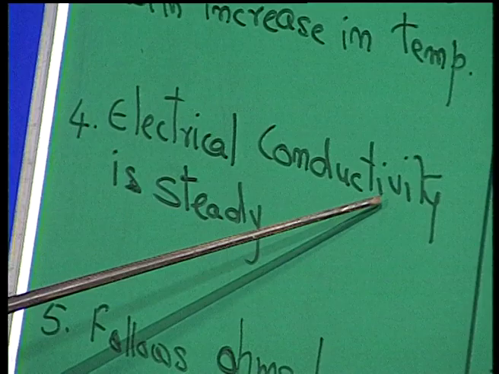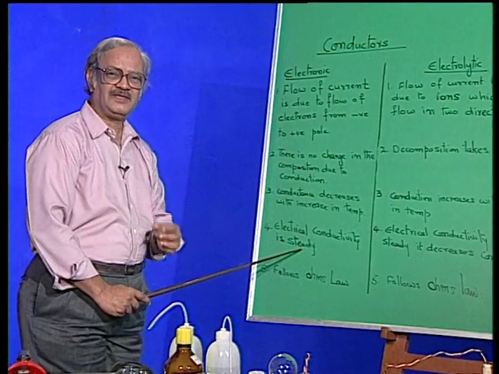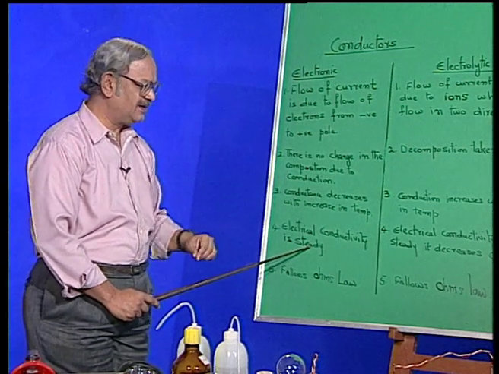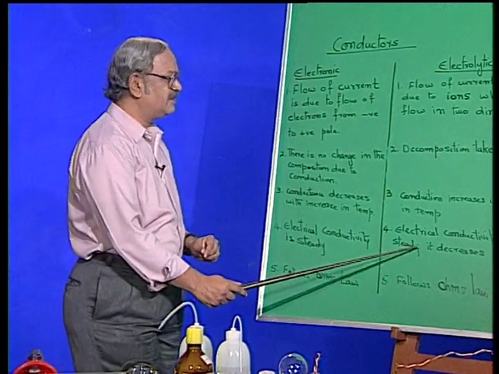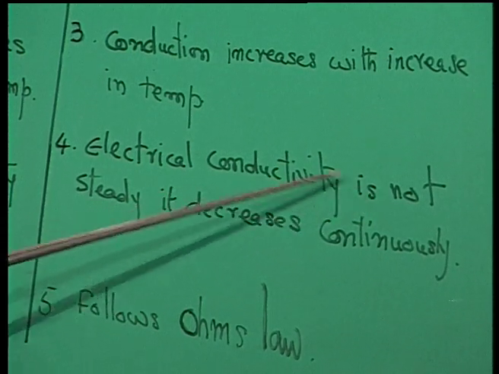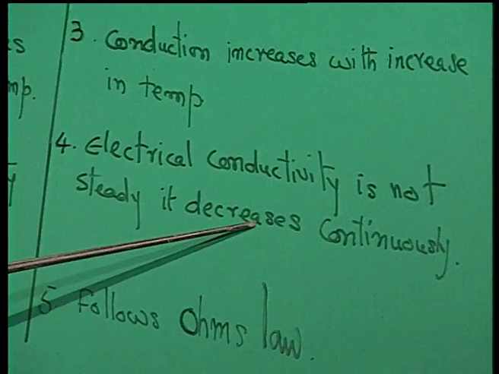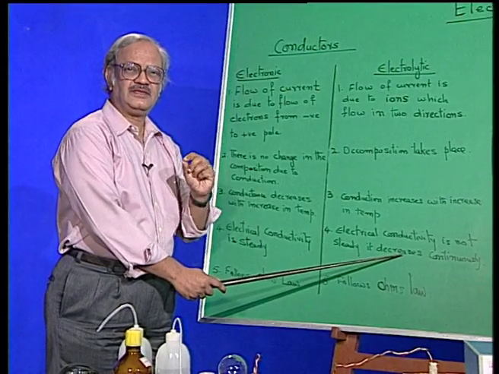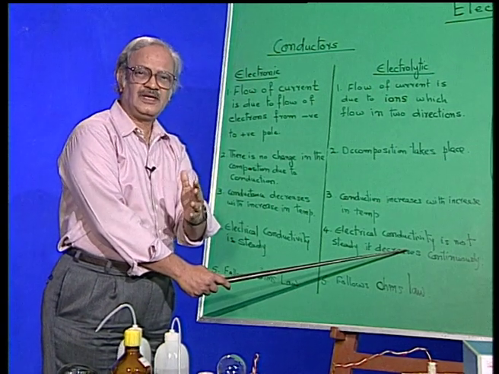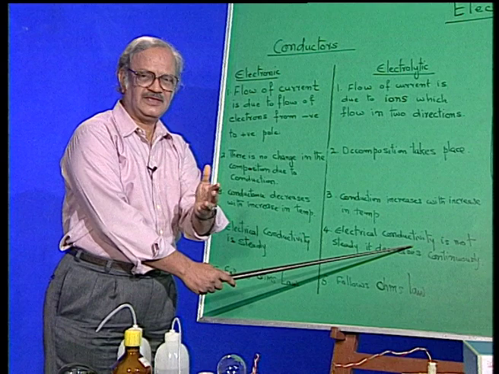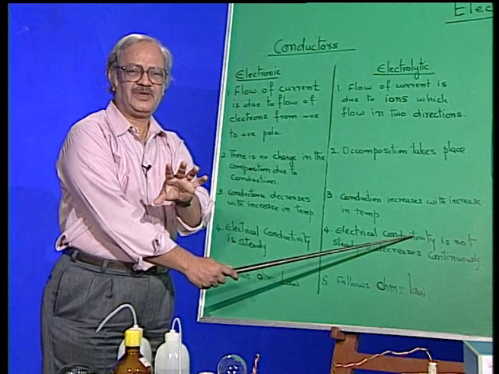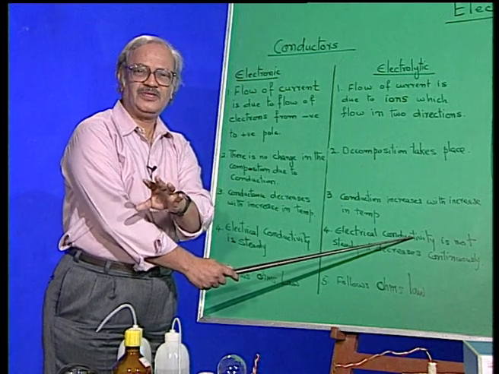Electrical conductivity is steady in wires. That is what happens there: there is continuously a supply of flow of electrons and the circuit is complete. However, in the case of electrolytic conductors, electrical conductivity is not steady and it decreases continuously. As the electricity flows, there is more and more conversion of the iodide, so the concentration of the iodide decreases.